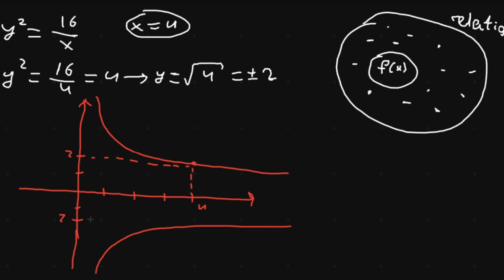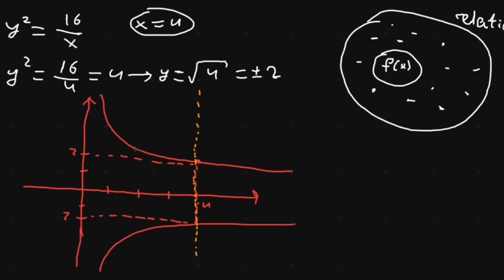This is 1 point, this is the second point, and on the graph itself we can do the vertical line test, which is basically just drawing a vertical line on the graph to see if it intersects with the graph more than once. And here, as we can see, it intersects with the graph 2 times, so we can say this is not a function.